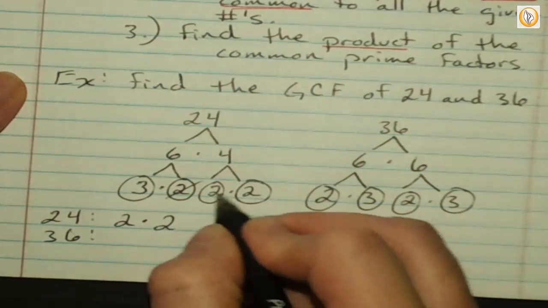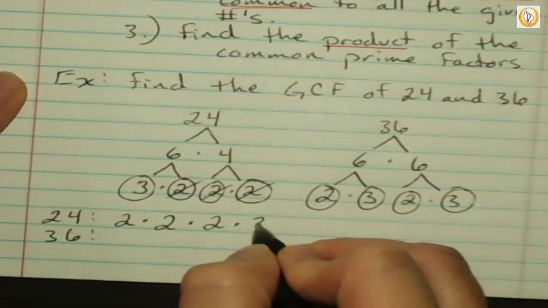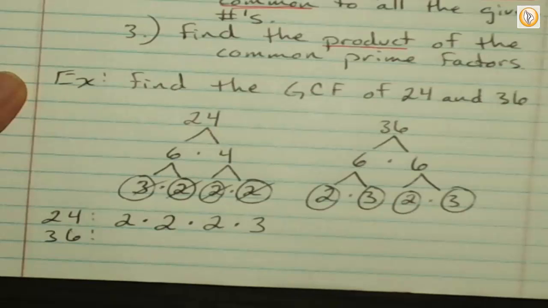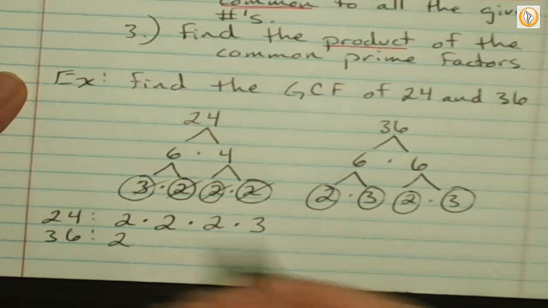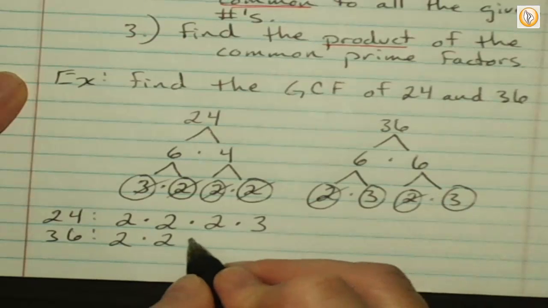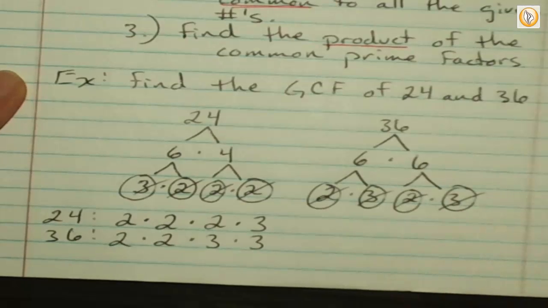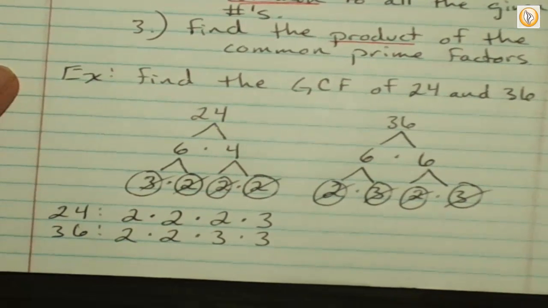Crossing it out, times 2, crossing it out, times 2, crossing it out. And then for 36, I have 2, cross it out, times 2, cross it out, times 3, cross it out, times 3, cross it out.